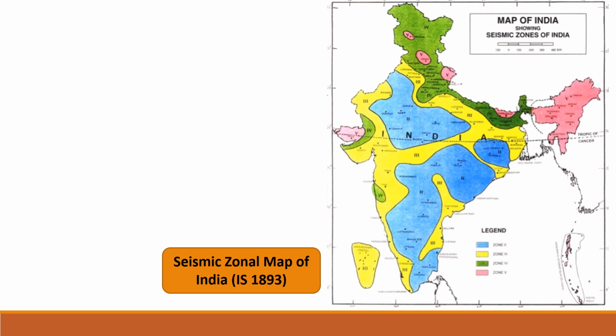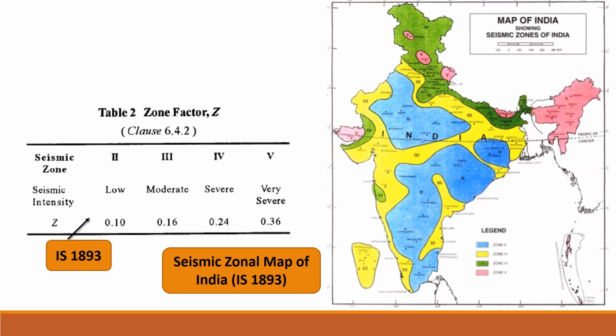As discussed earlier, zone 2 has low seismic intensity and the Z value of 0.1, while zone 5 has seismic intensity to be very severe, and this is in orange or pinkish color with the Z factor to be 0.36.